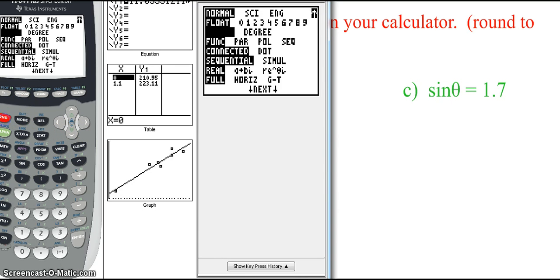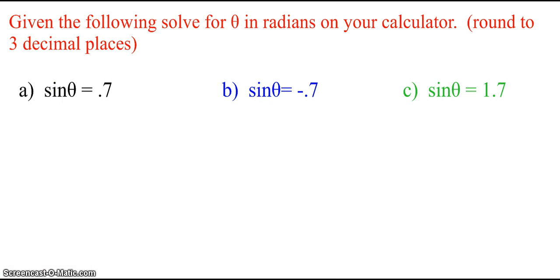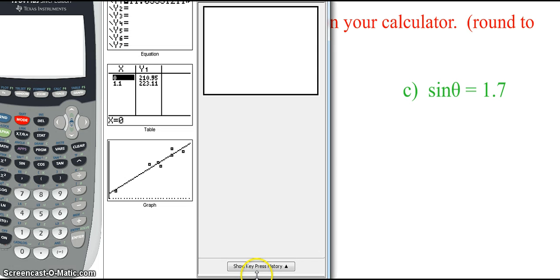So we have sine of theta equals 0.7, then theta equals sine inverse of 0.7. I'll do second sine 0.7 and I get 0.775.